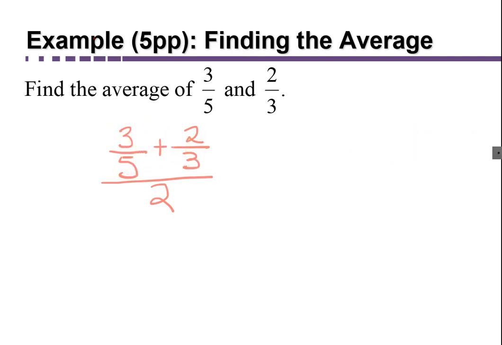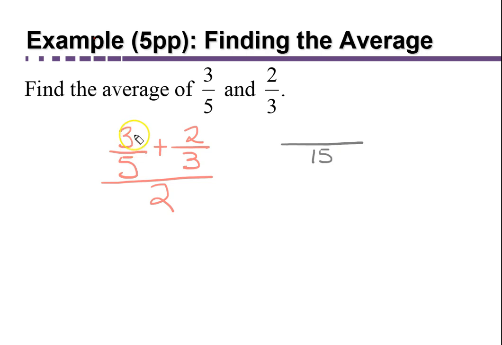Now, this one's a little bit long, and I want to change colors so we can see. Let's do just the top part to find out what that is. What will be our lowest common denominator between a 5 and a 3? Since these are prime numbers, just multiply them together and you get 15.